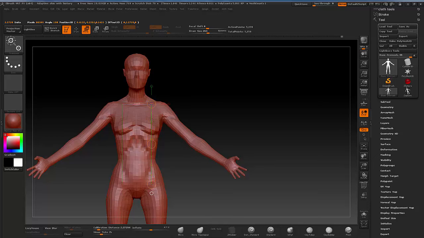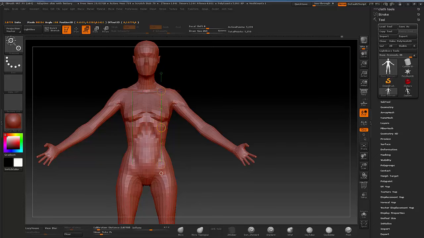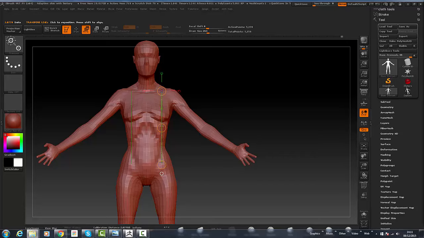Once you've got this down, you can then use a 2-head measurement system from the clavicle down to a pivot point. There's a point on the pelvis called the anterior superior iliac spine. Now I'm just going to show you where this is on a real skeleton.